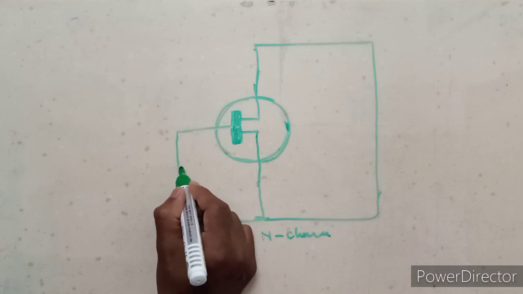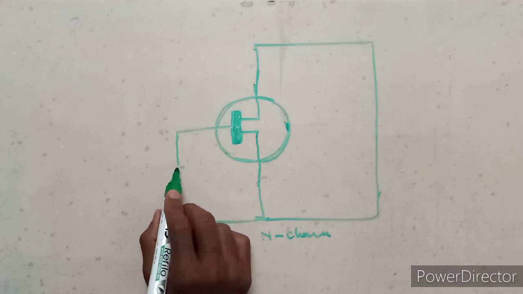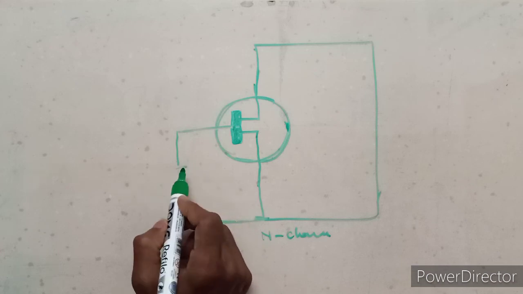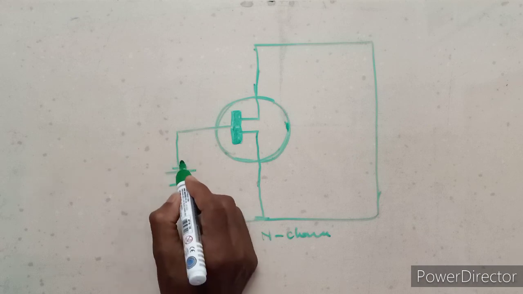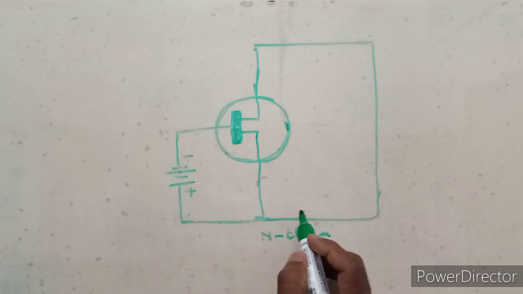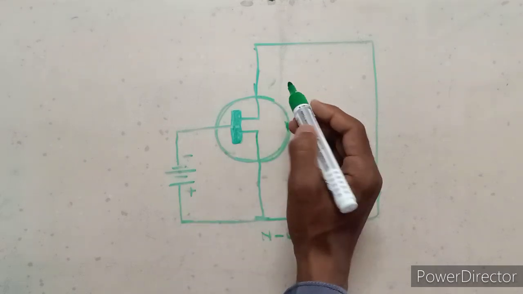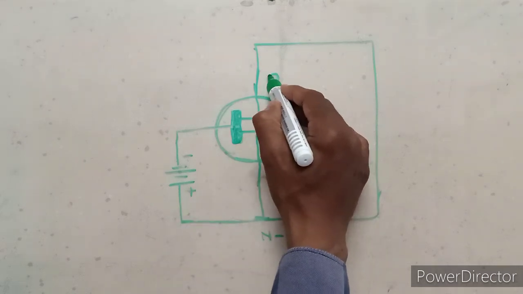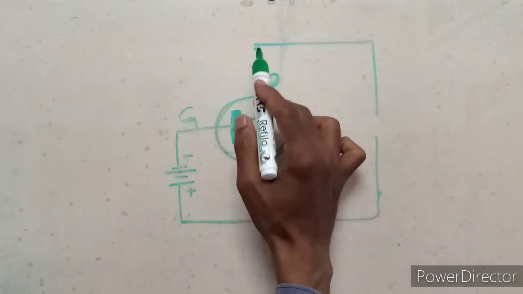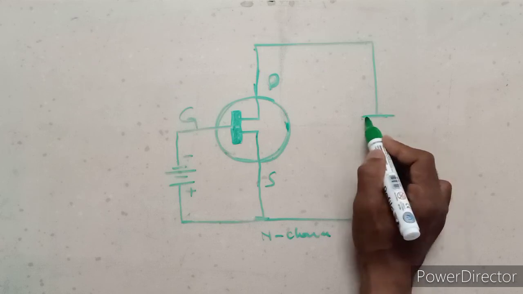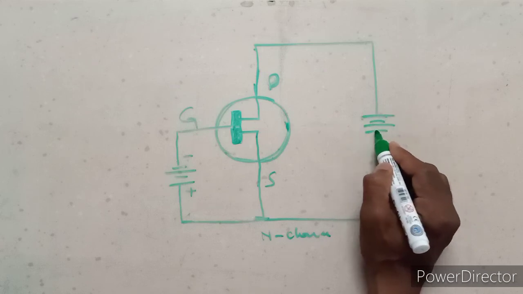This is the negative terminal of the battery. This is the source, this is the drain, and this is the gate, the positive terminal of the battery.